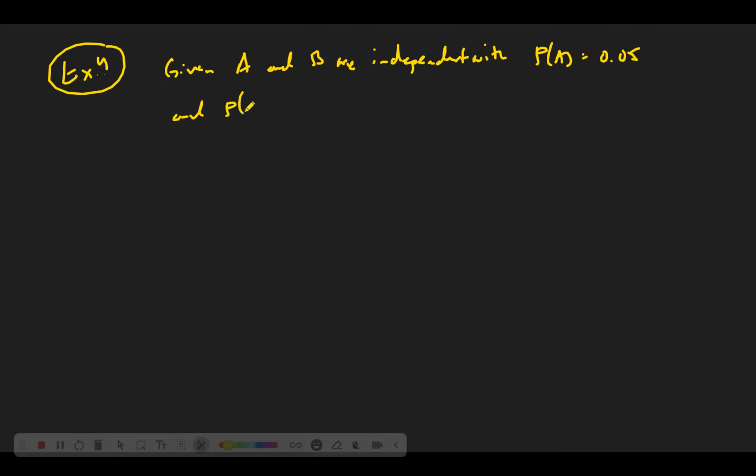Okay, so example 4 says, given A and B are independent, with the probability of A being 0.05 and the probability of A and B equaling 0.025, find the probability of B to the nearest thousandth.